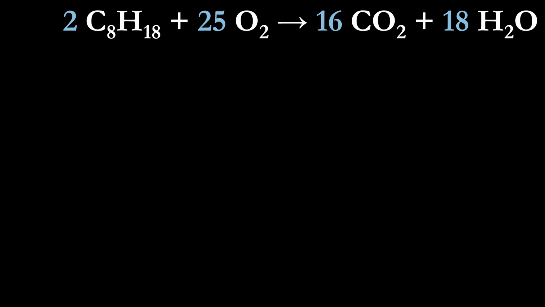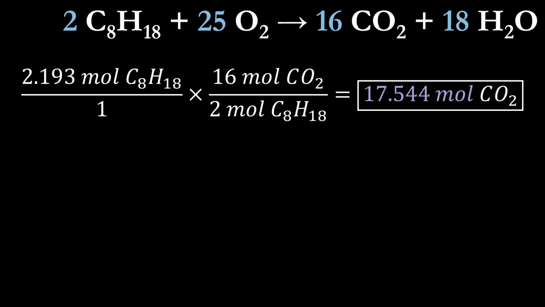We are going to continue to use our limiting reagent number of moles to figure out how much carbon dioxide and water is produced in the reaction. Also, we're going to use the coefficients of the balanced chemical equation to determine these numbers.